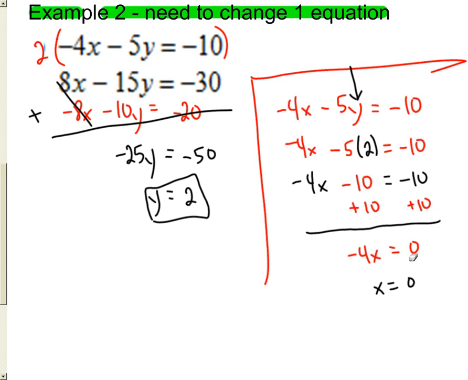Divide by negative 4, divide by negative 4, x is equal to 0. My ordered pair would be 0, 2, and this is the solution to the SOE.